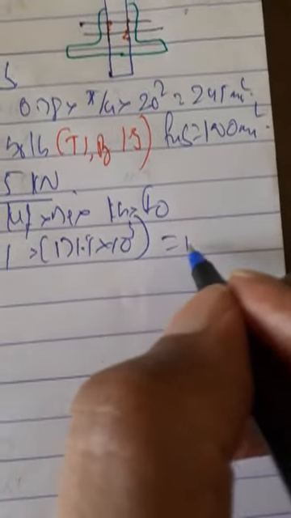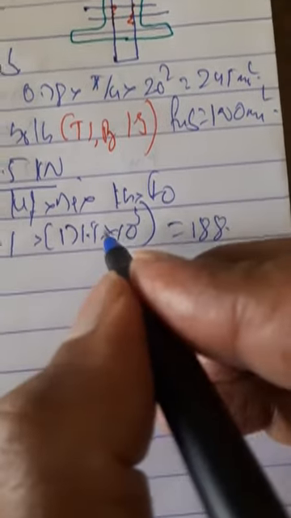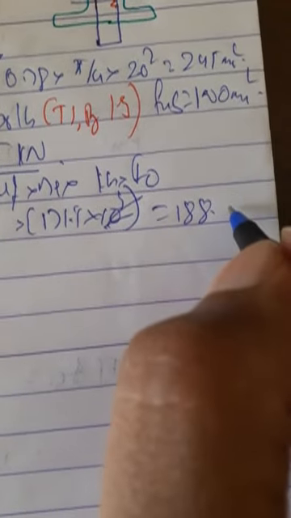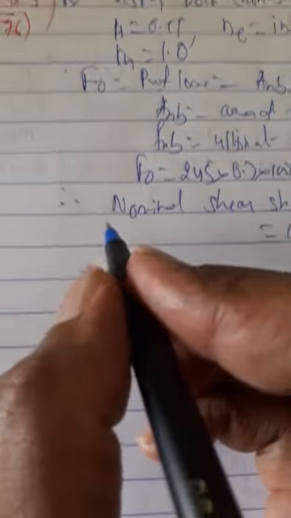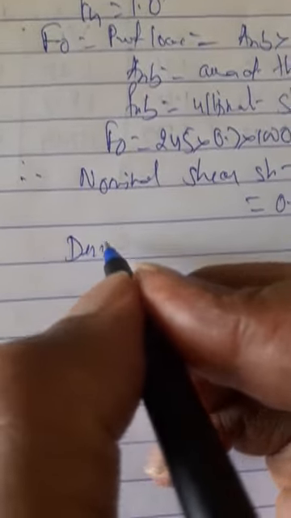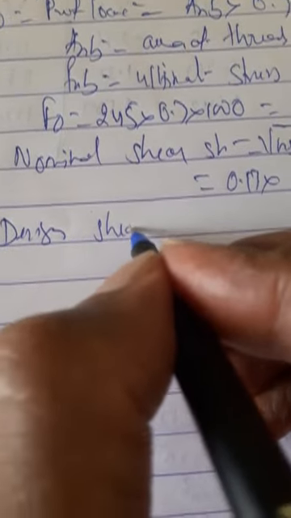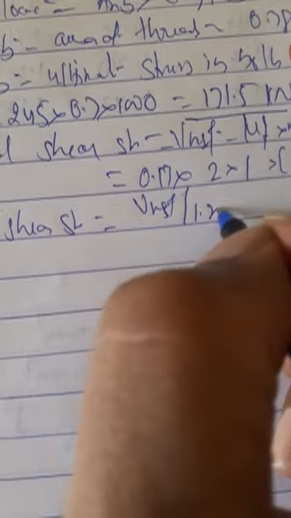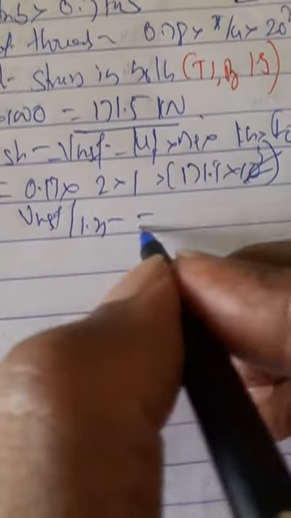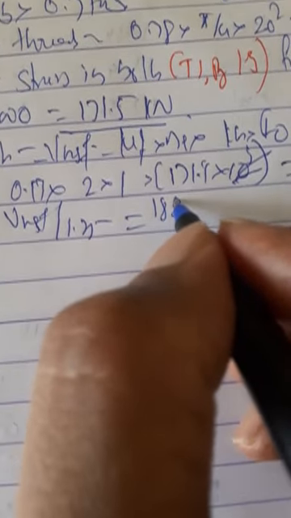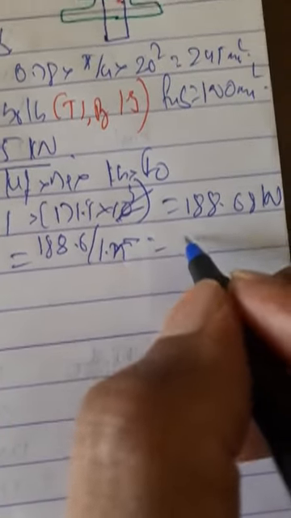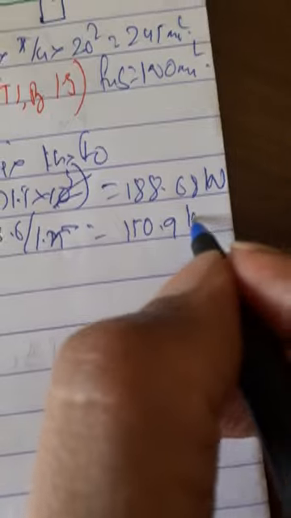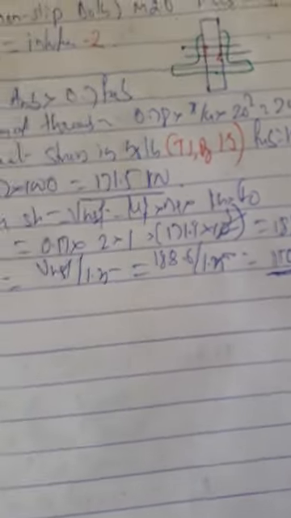So you have the answer 188.68 kilonewtons, that is nominal. Design shear strength is equal to Vnsf divided by 1.25. So you have the answer 188.6 divided by 1.25, 150.9 kilonewtons. That is the strength of the bolt.